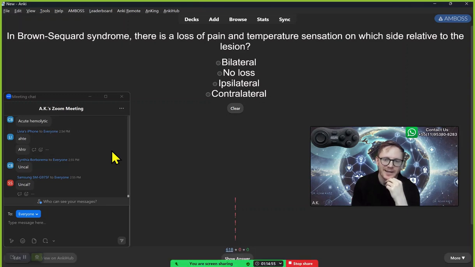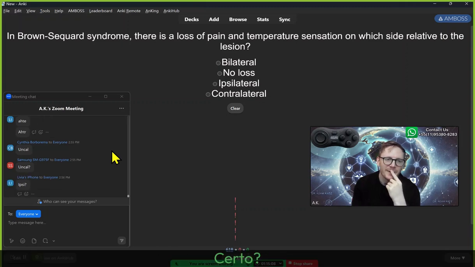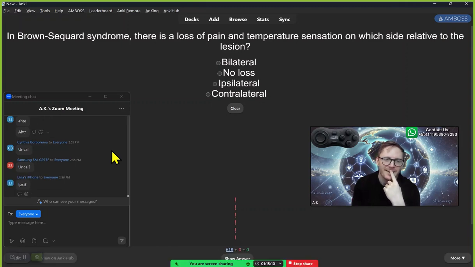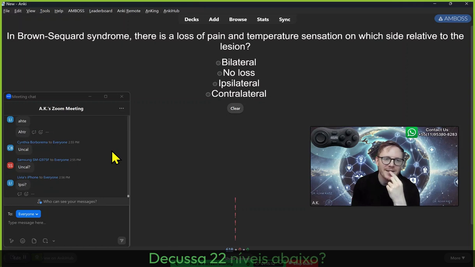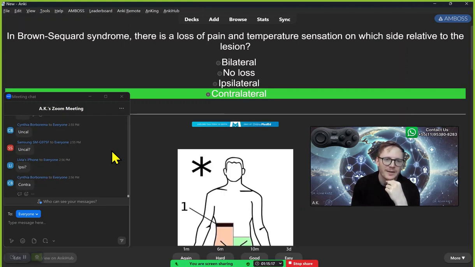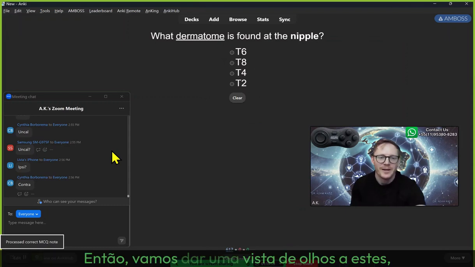What do you guys think? It'll be contralateral, right? Contralateral. So where does it decussate? Does it decussate two levels below, right? Yeah, 2 levels below. So we'll look at that.